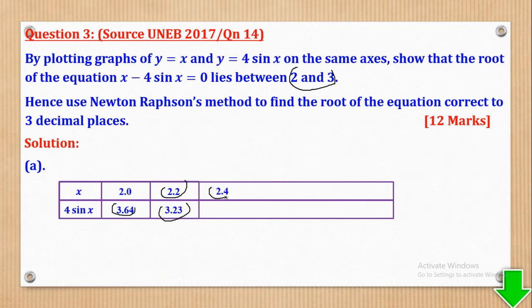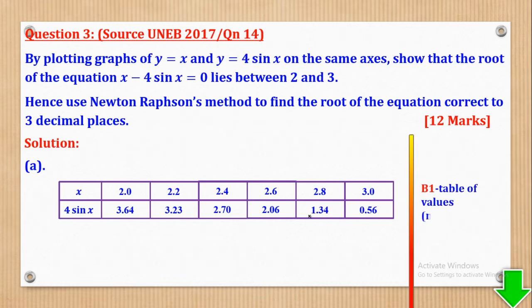When x is 2.4, here we shall get that. And when x is 2.6, here we shall get that. When x is 2.8, here we shall get that. When x is 3, here we shall get that. So this type of value, that is 1 mark.